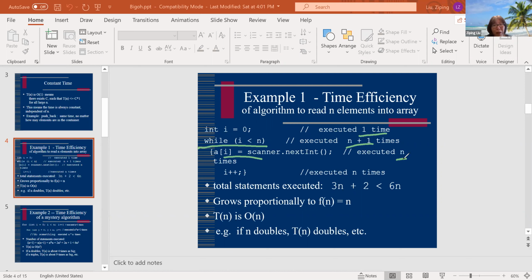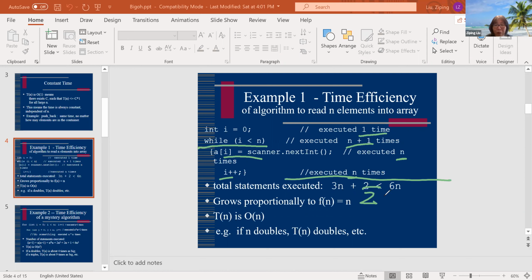So that's 1 less than the loop statement itself. And how many times is this going to be executed? Also n times. And then we can add all of them together.